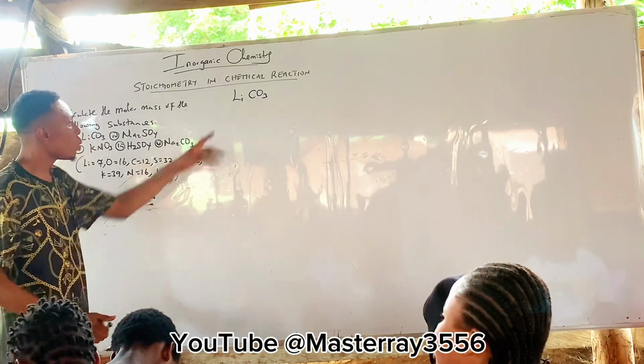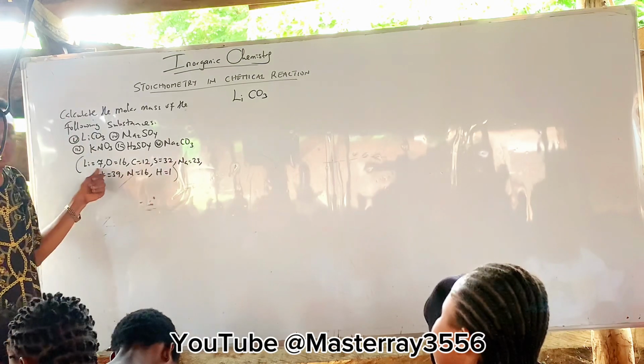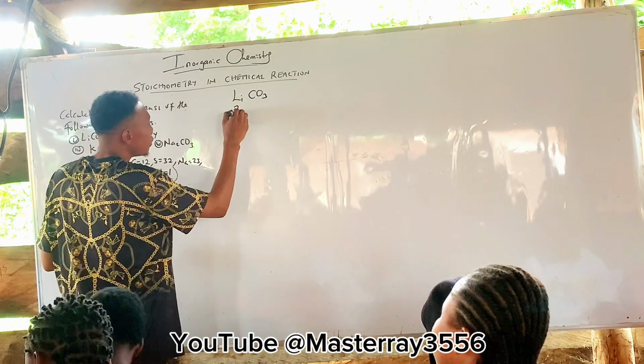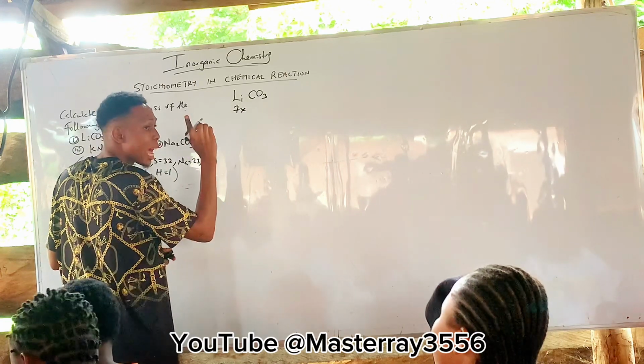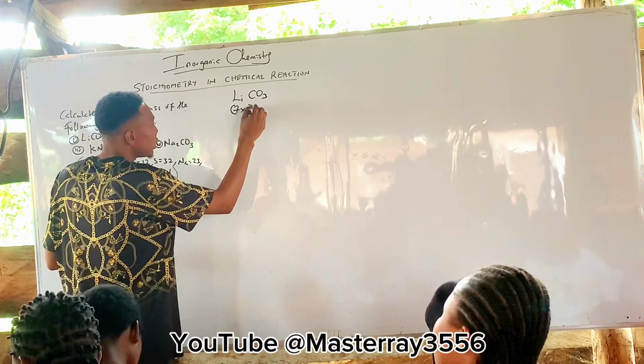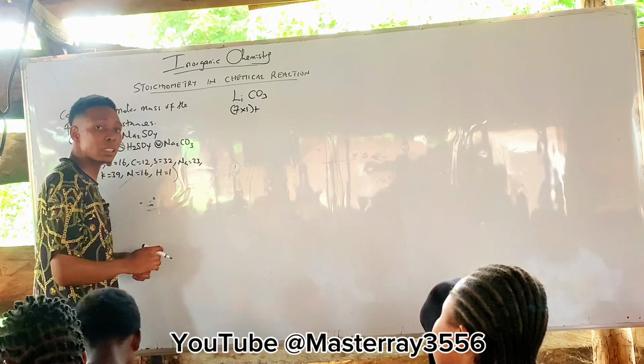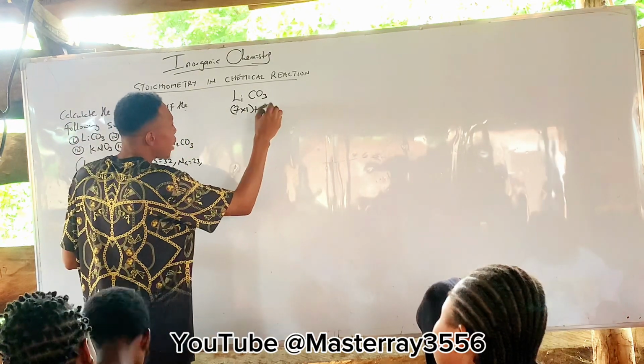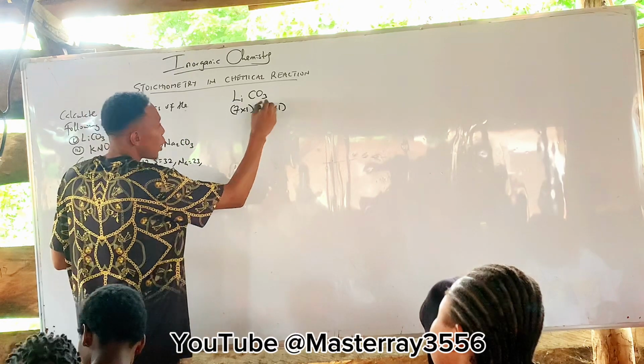So from here, what's our lithium? Lithium is 7. It's 7 times how many lithium do we have? 1. Then plus carbon, which is 12 times how many atoms? 1.